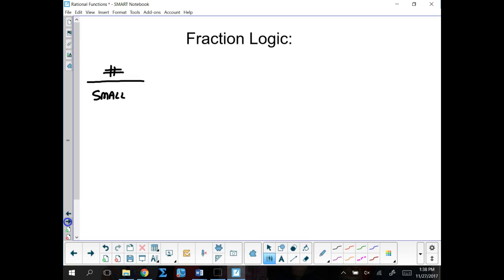If you have a calculator out, let's pick one. Let's do 1 divided by 0.1. Gives me 10. 1 divided by 0.01. 100. 1 divided by 0.0001. Should be 10,000, right?